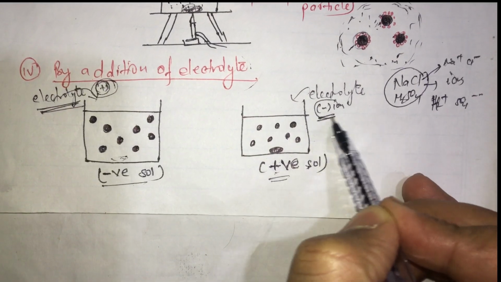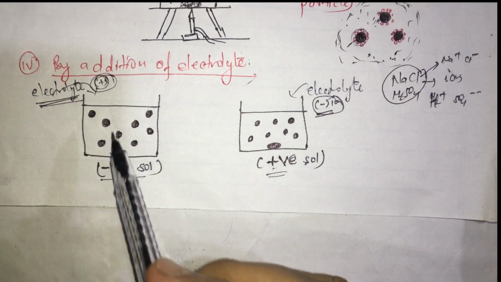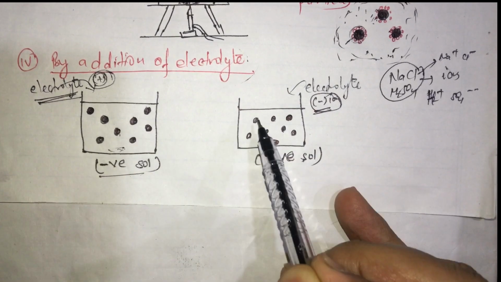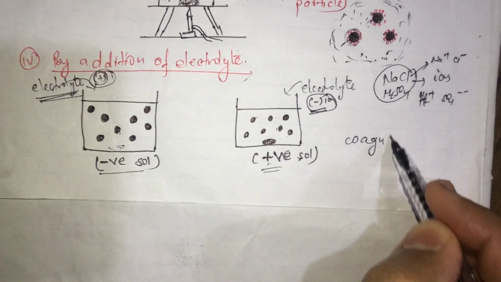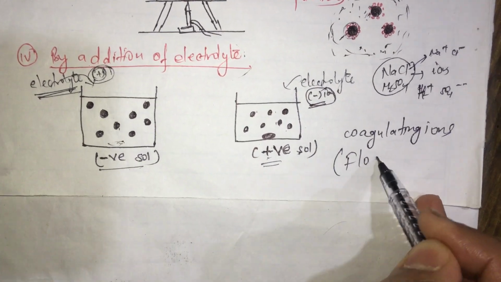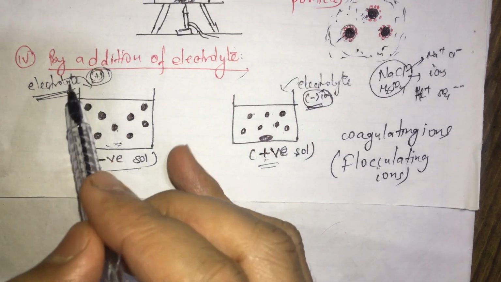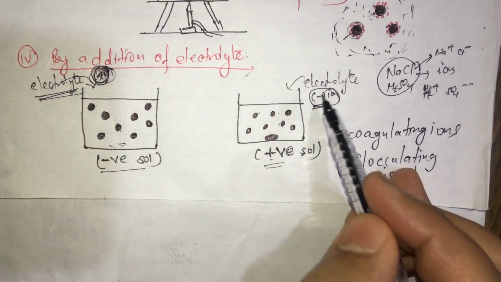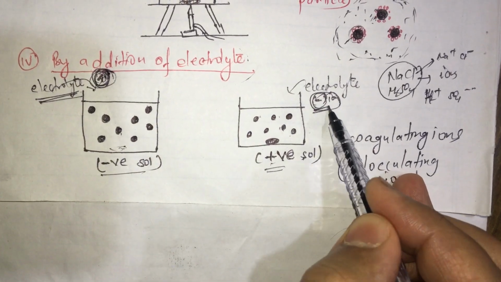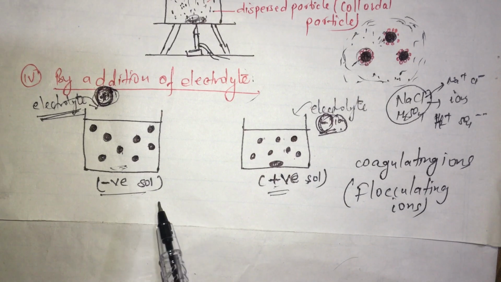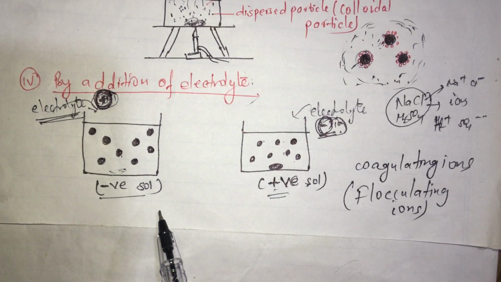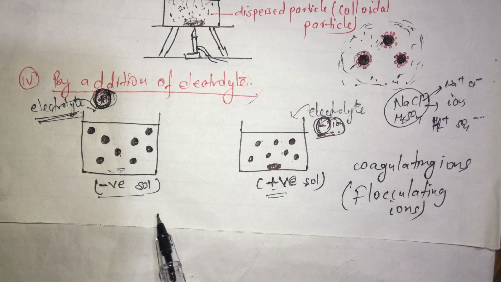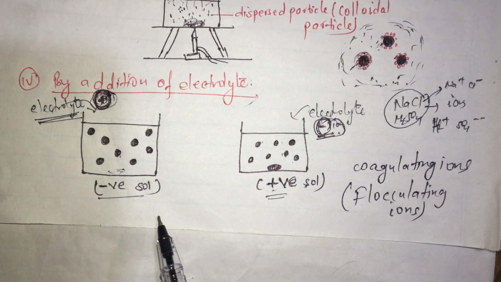The ion responsible for neutralization of charge on colloidal particles is called the coagulating ion or flocculating ion. It means here the positive ion is the coagulating ion and here the negative ion is the coagulating ion.